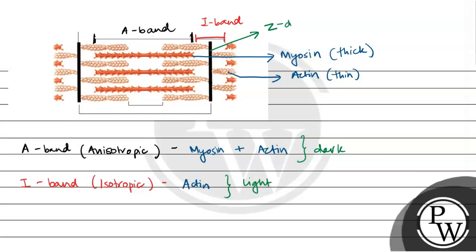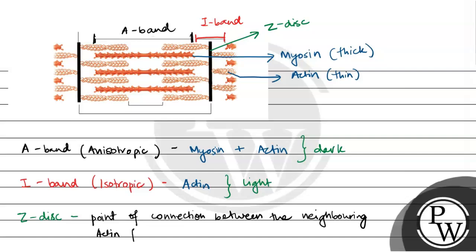Right here is called the Z disc. जो Z disc होता है, it is basically the point of connection between the neighboring actin filaments, and it basically traverses the I band because ये I band के बीच में present होता है.